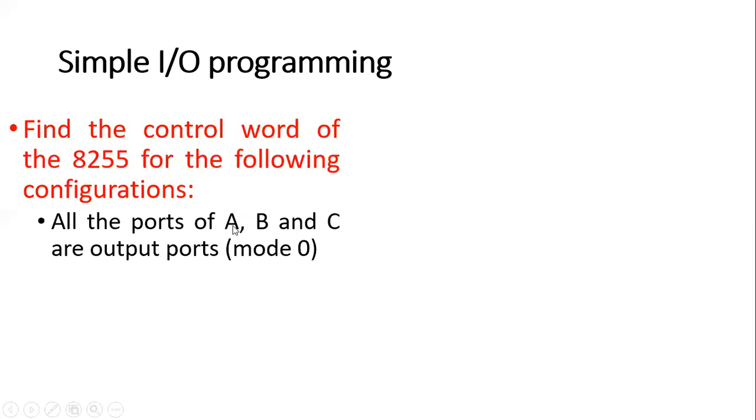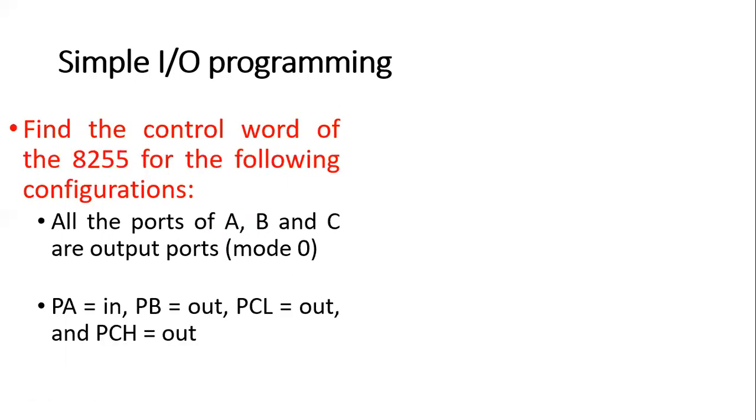What is the first one? All the ports A, B, and C are output ports. That is mode 0. Then what should be the control word? Next, PA is an input port.